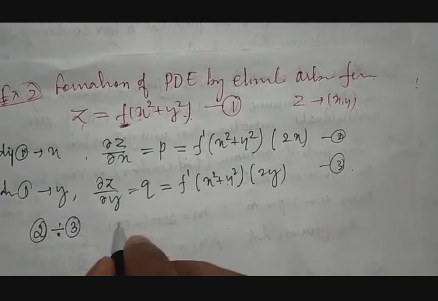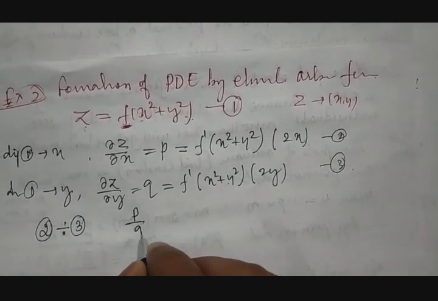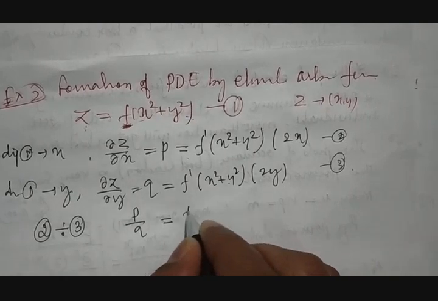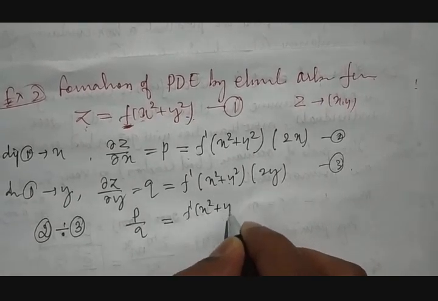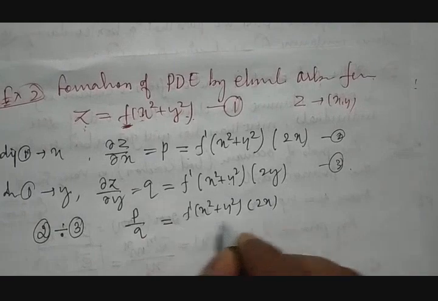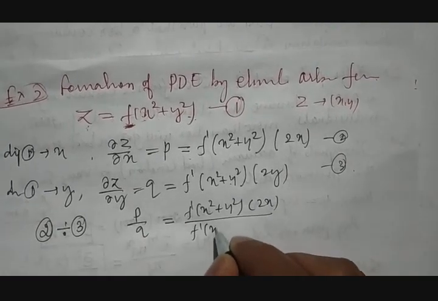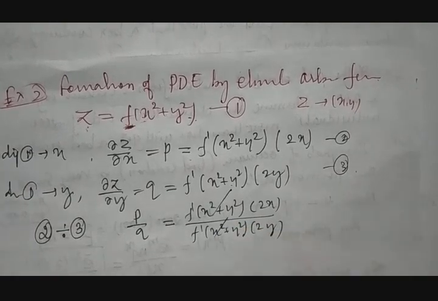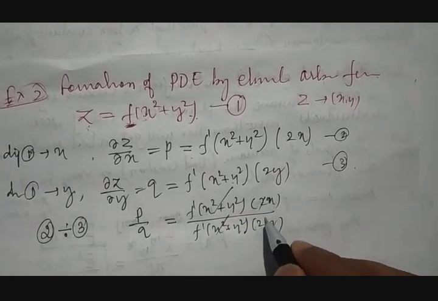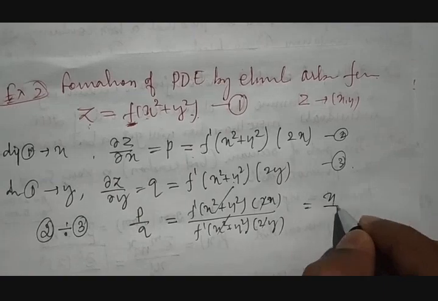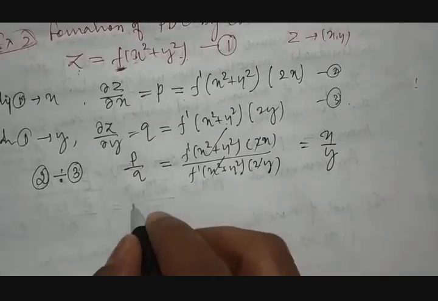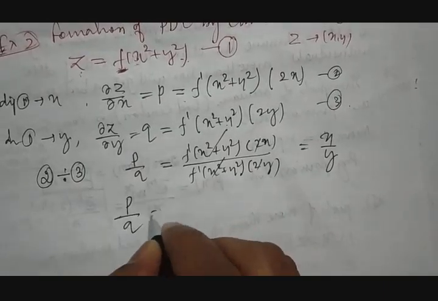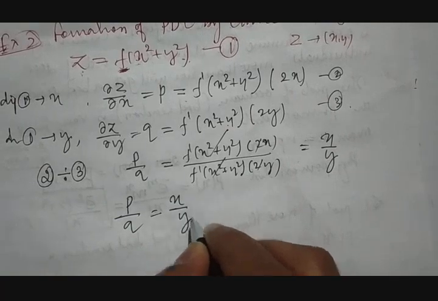Then we get p by q equal to f dash of x square plus y square into 2x, divided by f dash of x square plus y square into 2y. Then the function gets cancelled and 2 also gets cancelled. What remains is x divided by y. Therefore p by q is equal to x by y.